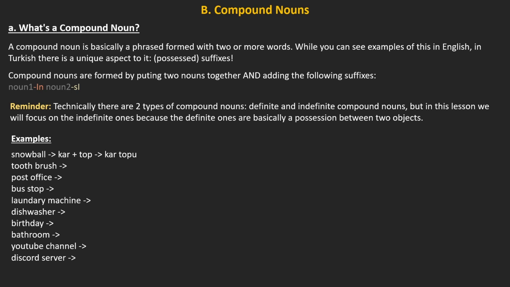But let's have the other example, toothbrush. So tooth is diş, and brush is fırça. Yes, Danica, there's no mutation because top is one syllable. It's simply kar topu. And now diş and fırça, tooth and brush. We are using this one again.